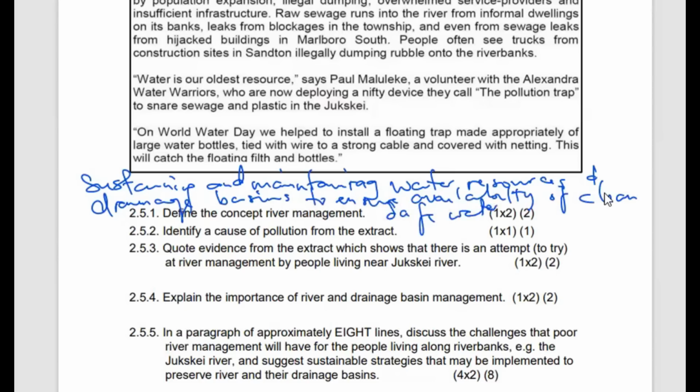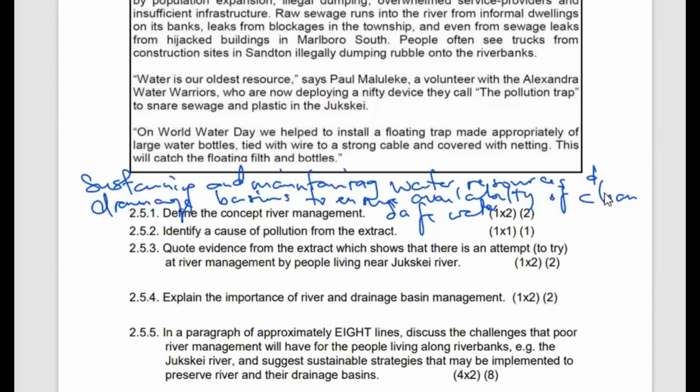And also we can talk of aquatic life. So when you are talking of river management, we are looking at sustaining and maintaining water resources in a drainage basin with the aim of ensuring the availability of clean and safe water for consumption and also for sustaining aquatic life. That is basically the idea with river management.